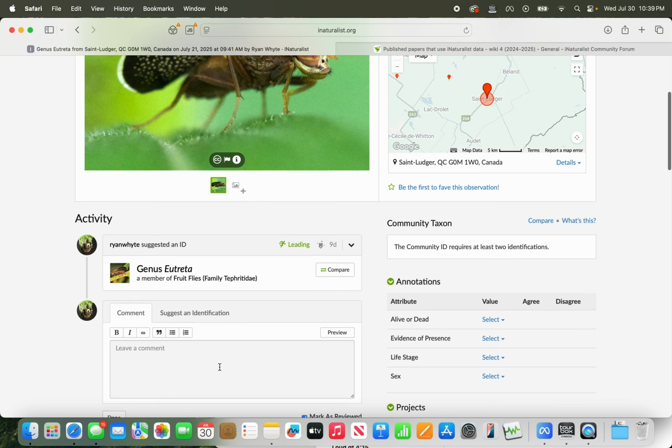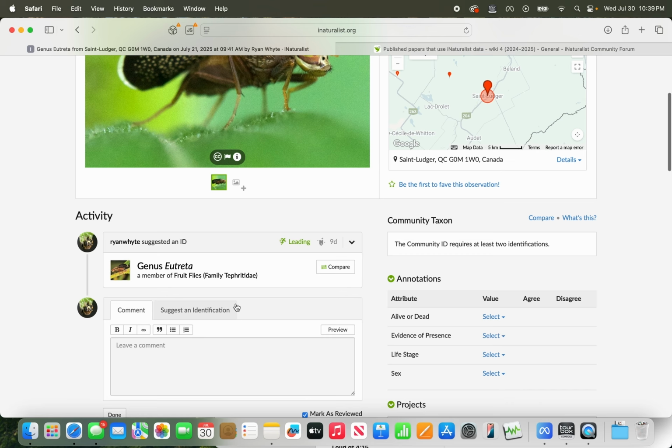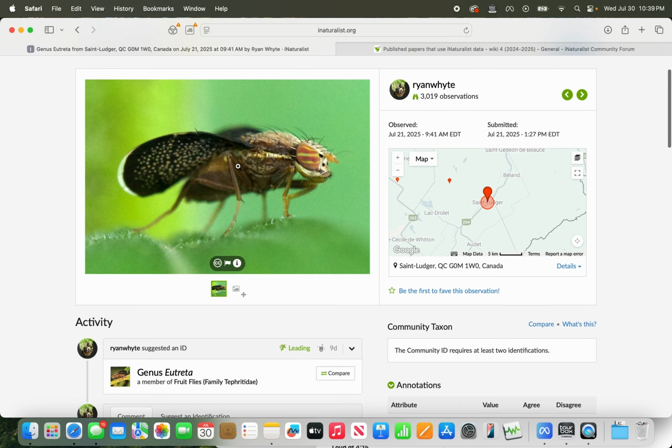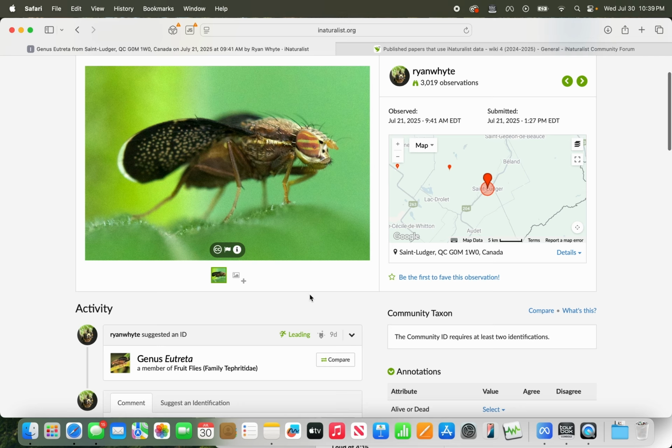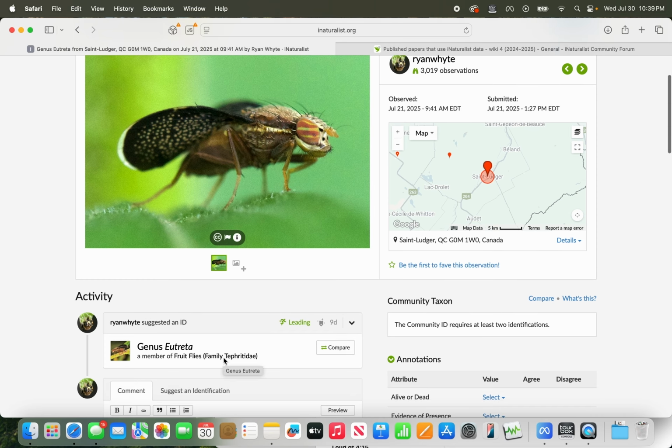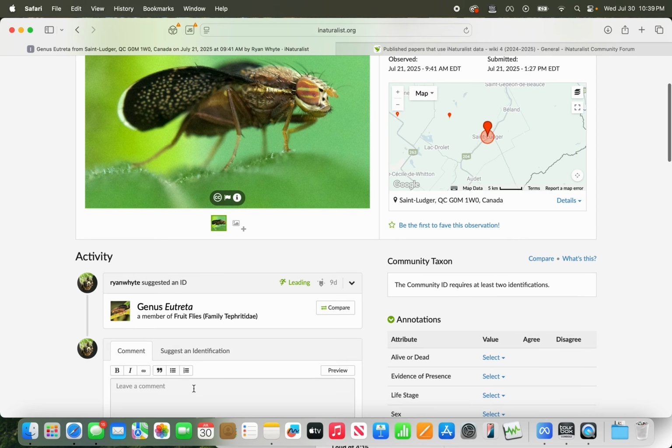And now what I'm waiting for is for a human to come and take a look at this and decide whether the machine was right, or even if they can go further in the identification from the genus down to the actual species. And this is where someone else will suggest an identification.